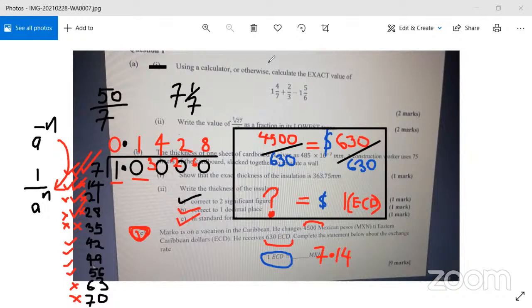Now, again, I'm only doing this because this is the only way you can get the decimal without using a calculator. So 1 ECD is equal to 7.14 in Mexican pesos. So I just wanted to highlight all of that.